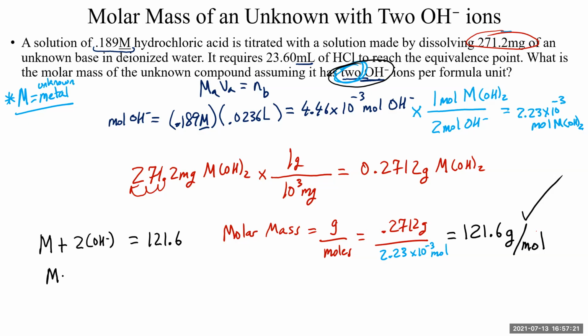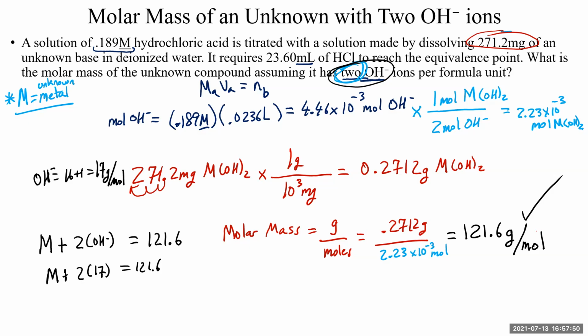So it's going to be M plus 2 times 17 equals 121.6. Again, what does hydroxide equal? It's 16 plus 1 equals 17 grams per mole. And I keep telling myself I'm going to write a little bit more neatly. So if you're wondering where I'm getting this 17 all the time, 17 is simply the hydroxide ion's molar mass.